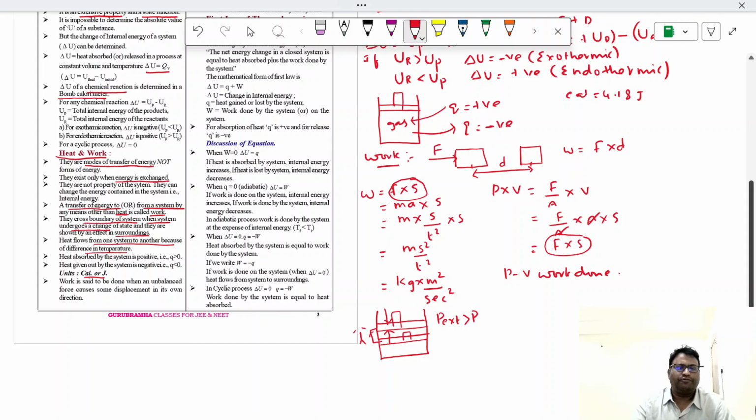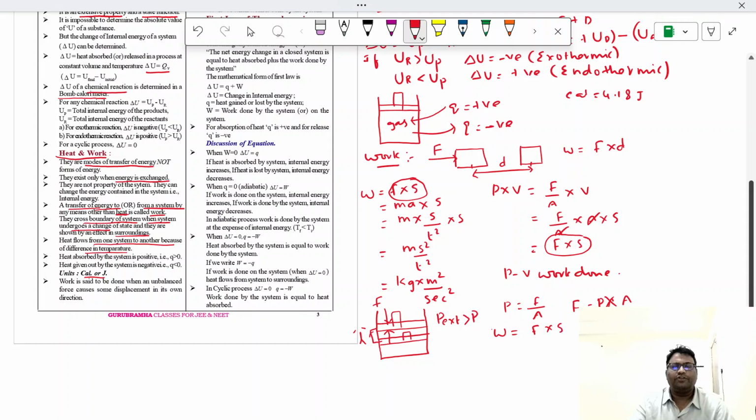Then force is in this direction, movement of piston is also in the same direction. Then due to this force, work is done. So we know that pressure is equal to force per unit area. Force is equal to pressure into area. So work done, already we have written the formula, is given by force into displacement.